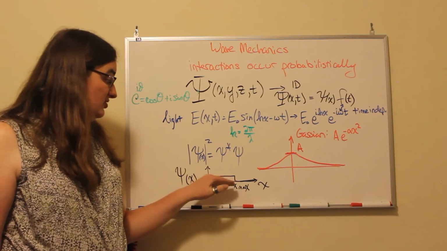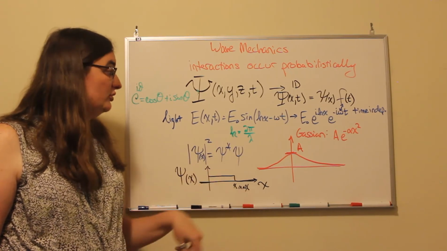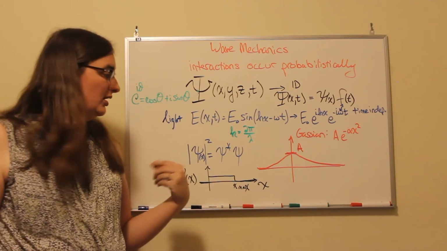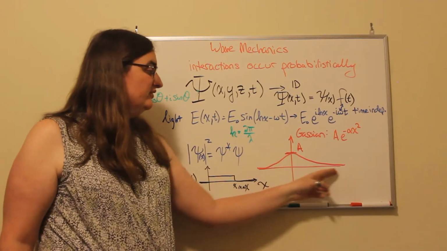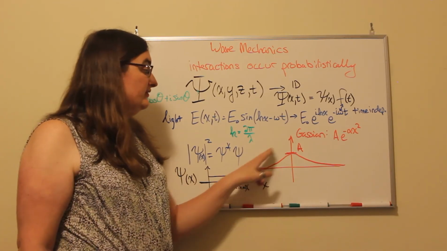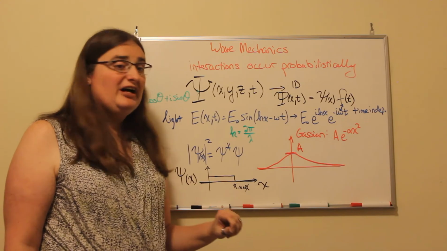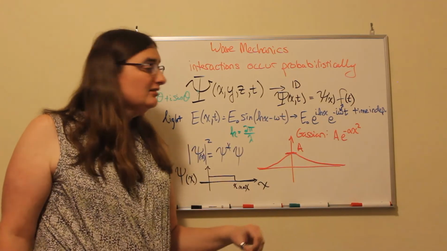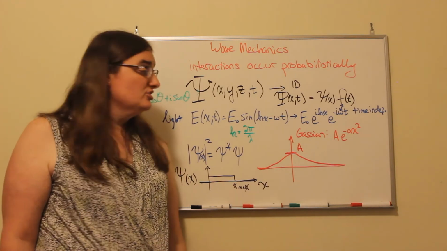Now, this wouldn't necessarily be good for a quantum system, but something that we would see in some quantum systems are functions that look like this. This is the Gaussian curve, where this function is equal to some maximum value A times Euler's number to the minus a constant little a times my position squared.